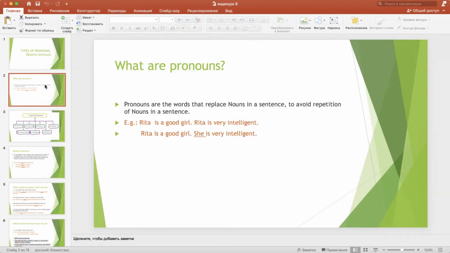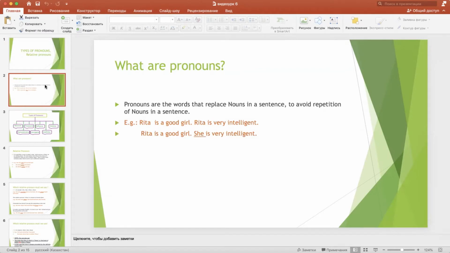So look at these sentences. Rita is a good girl. Rita is very intelligent. So in this first line, Rita is repeated, yeah? Rita is a good girl and Rita is very intelligent. In the second line, you see, Rita is a good girl. She is very intelligent.